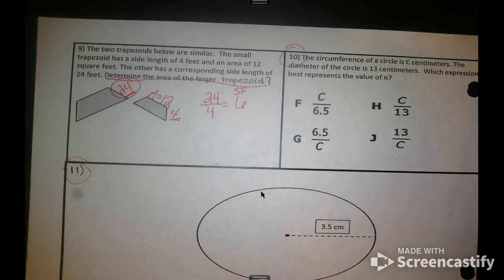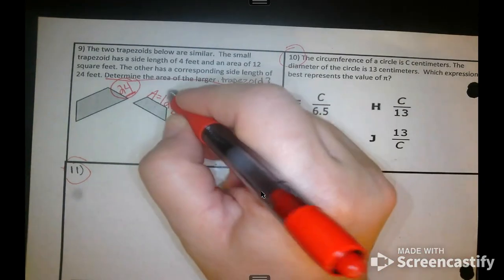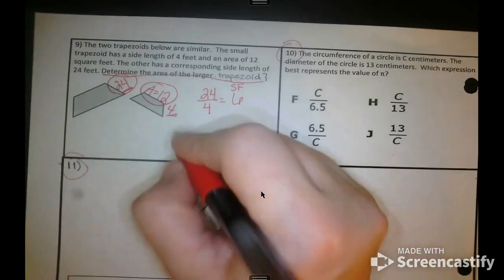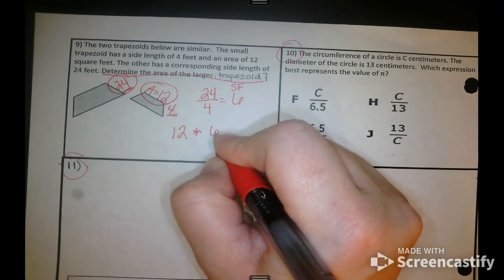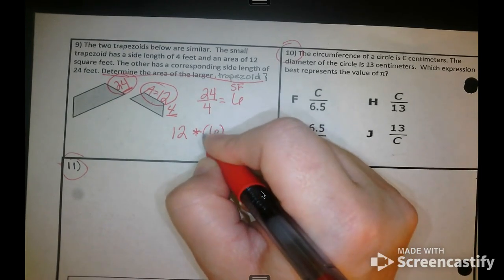What do I do with my scale factor to find the new area? Look on the board. Multiply. What am I multiplying? 6 by 12. Okay. I multiply my old area, which is 12, times my scale factor. Am I missing something?